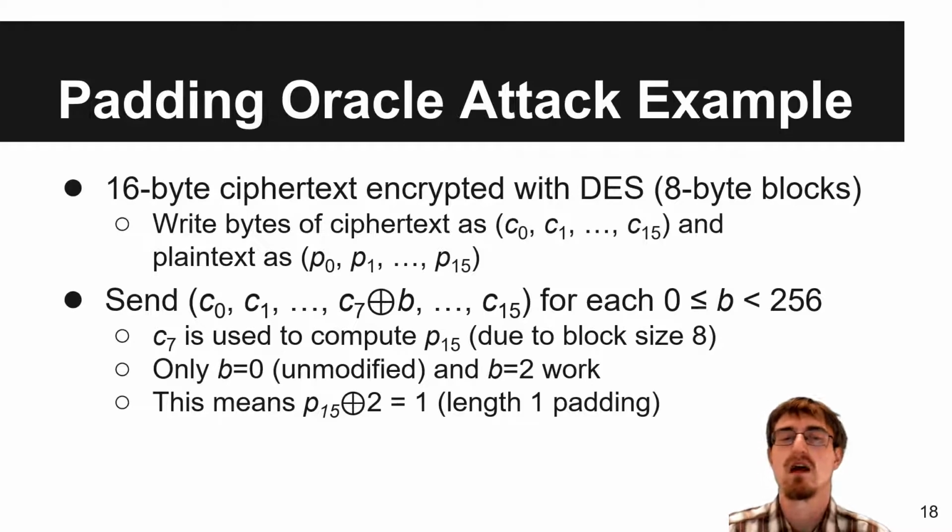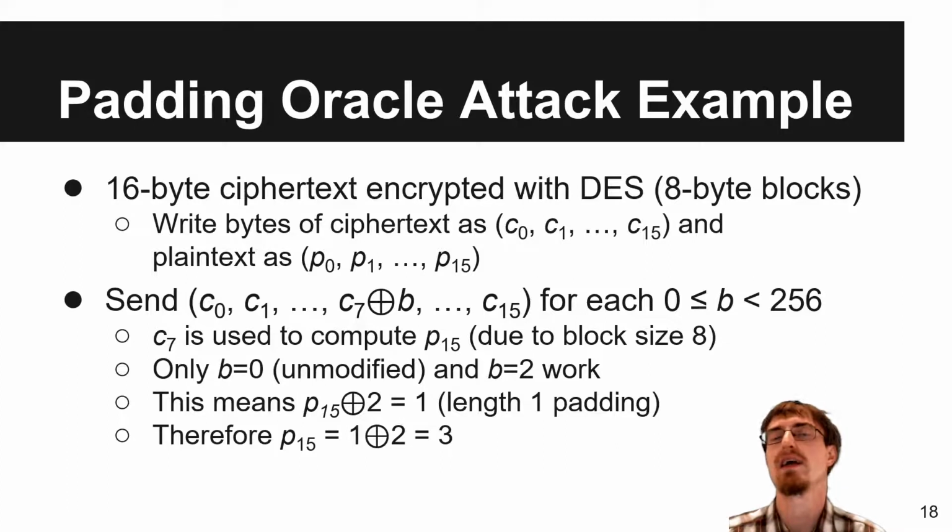So this means P15, the final byte of plaintext, XORed with 2 equals 1. Now we can easily derive the value of P15 from this. We know that it is 1 XOR 2, which is 3. So we found the final byte.